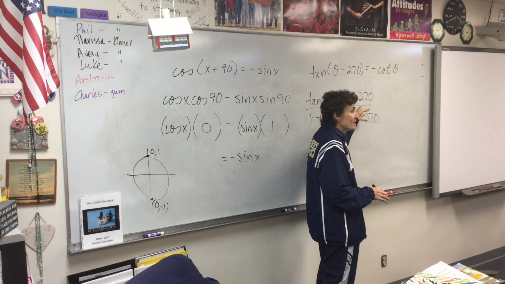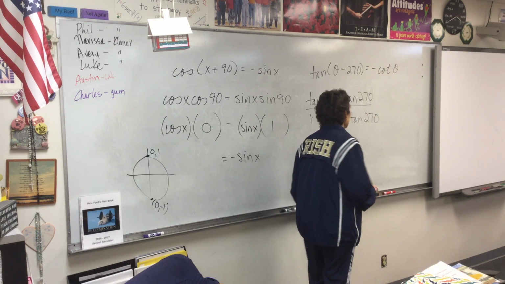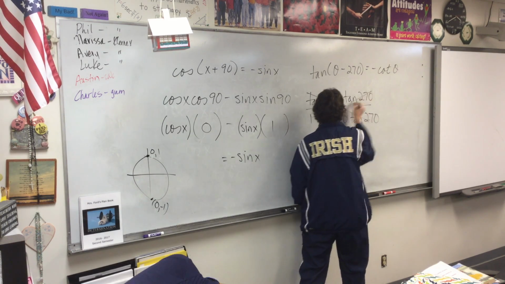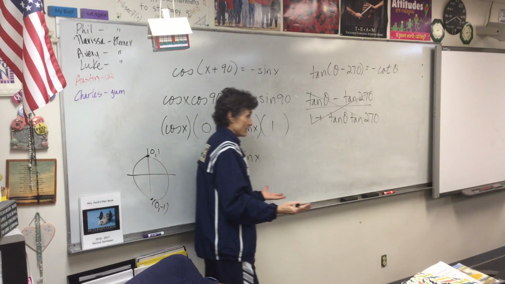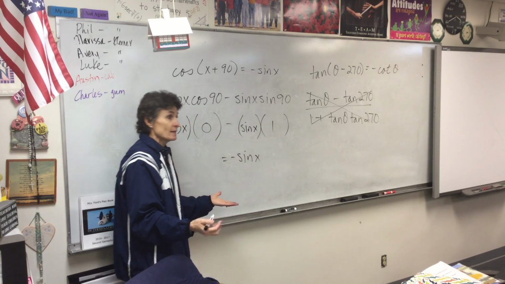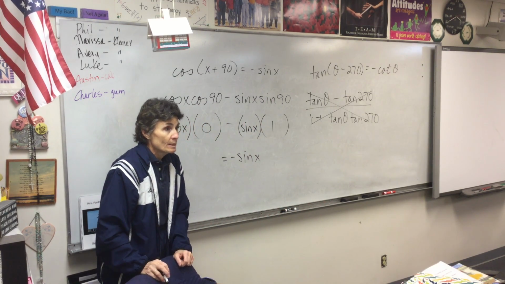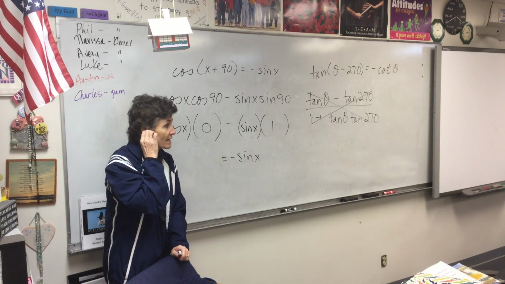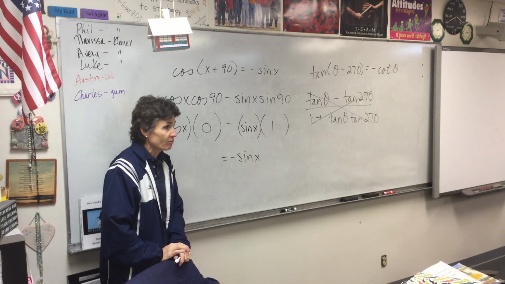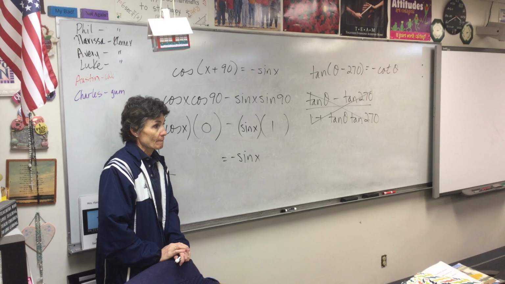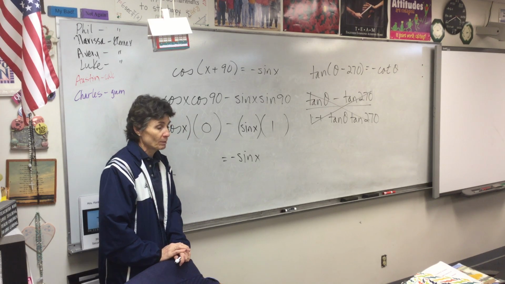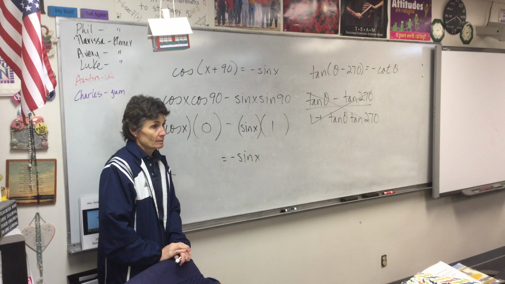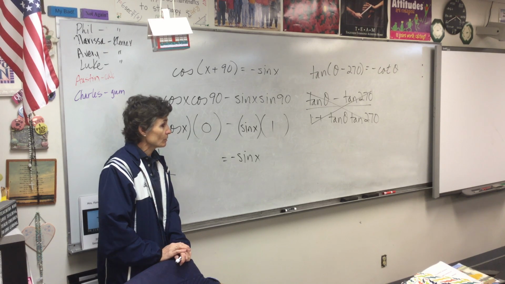This doesn't exist. Oh man, that means that strategy, which is what we would think to do, simply won't work. It won't work because the tangent of 270 is undefined. So, who's got a different plan? Plan A is not going to work.